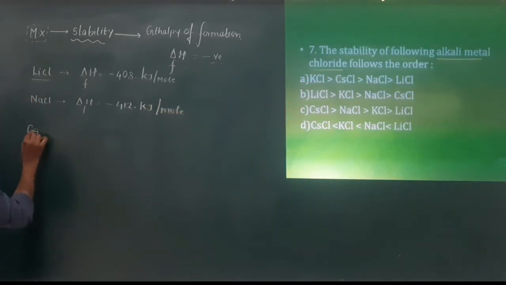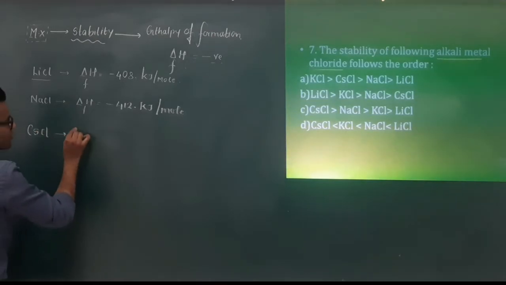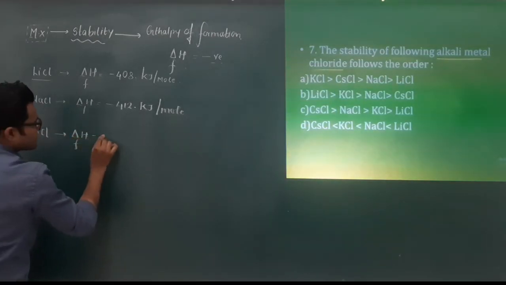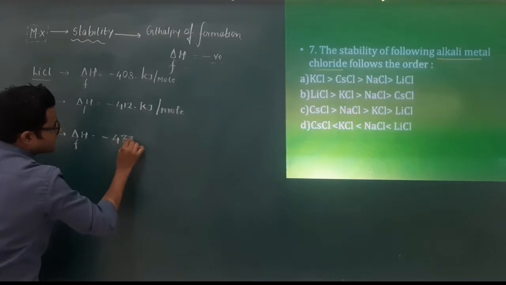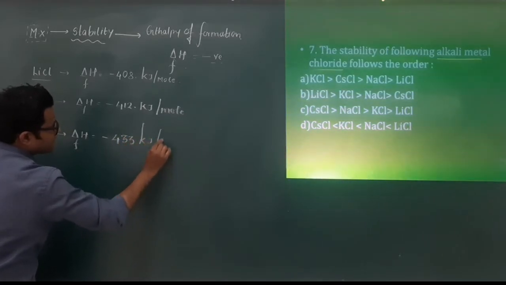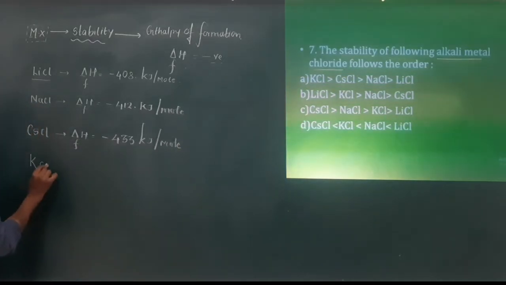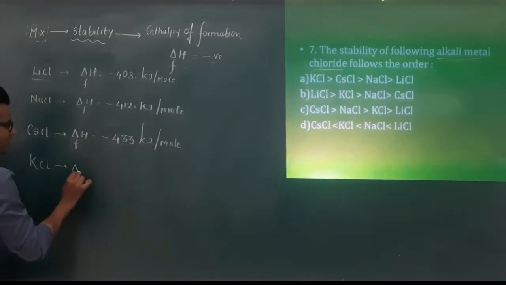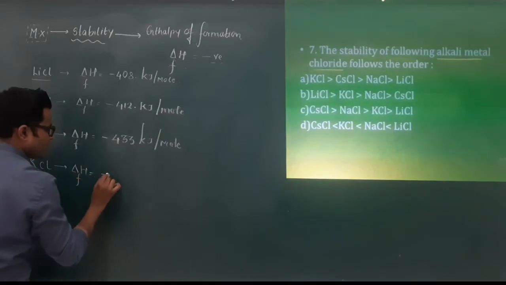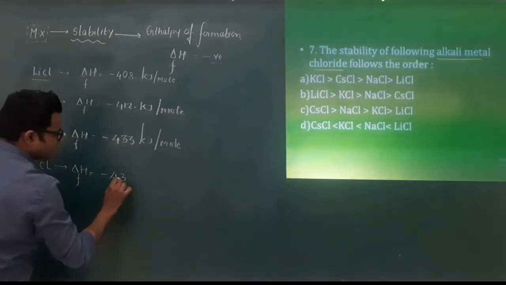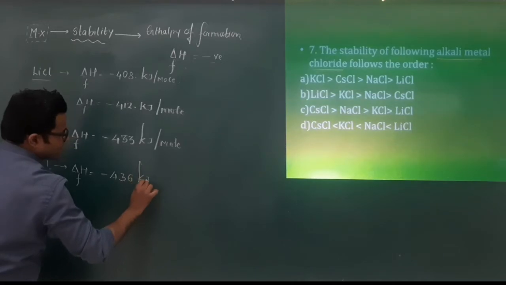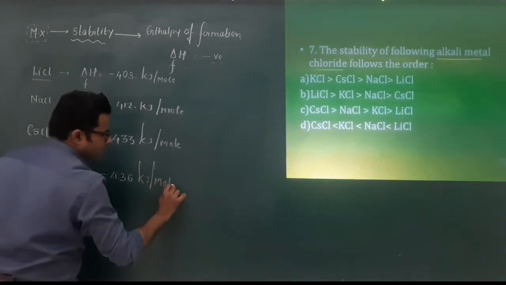Similarly, for cesium chloride, delta HF is equal to minus 433 kilojoules per mole. And finally, potassium chloride, delta HF is equal to approximately minus 436 kilojoules per mole.